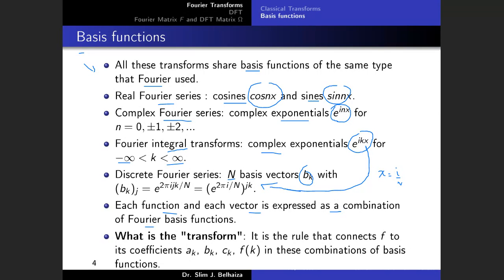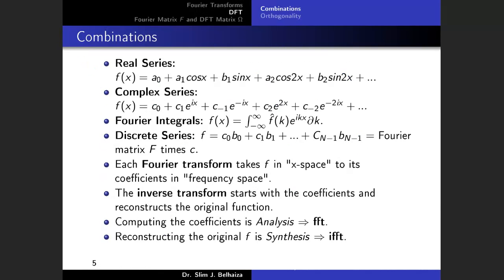So what is exactly the transform? This transform is the rule that connects a function or the vector to its coefficients ak, bk, ck, f hat of k, and these combinations of basis functions. For real series, the combinations allow you to write f of x as a combination of sine and cosine with different angles.